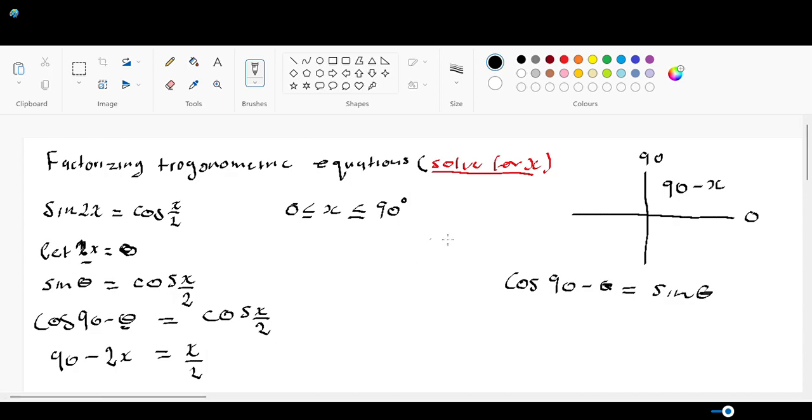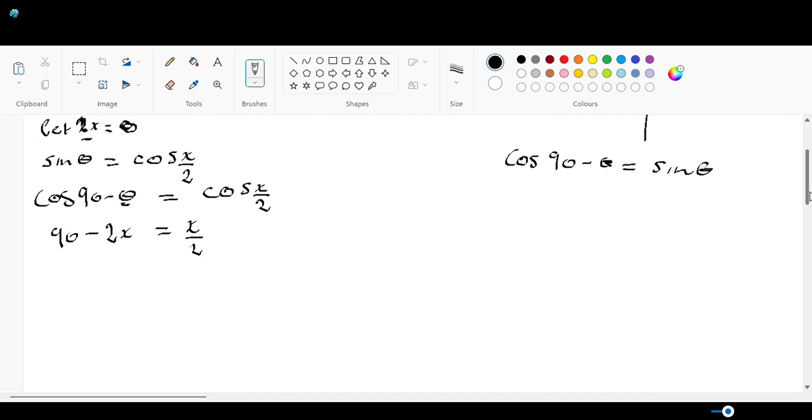Then from there we continue and we cross multiply, because on our right hand side we have x over 2, so we can multiply by 2 throughout. So let's just do it. Okay, and we're left with x. If you multiply by 2, this is going to give us 180, and then this is going to give us 4x, and that is x.